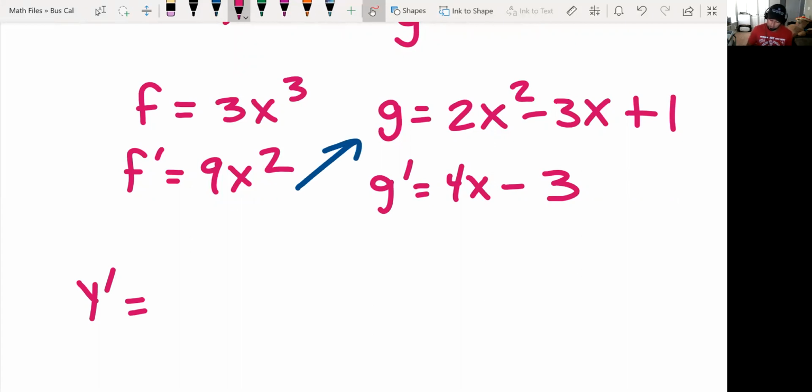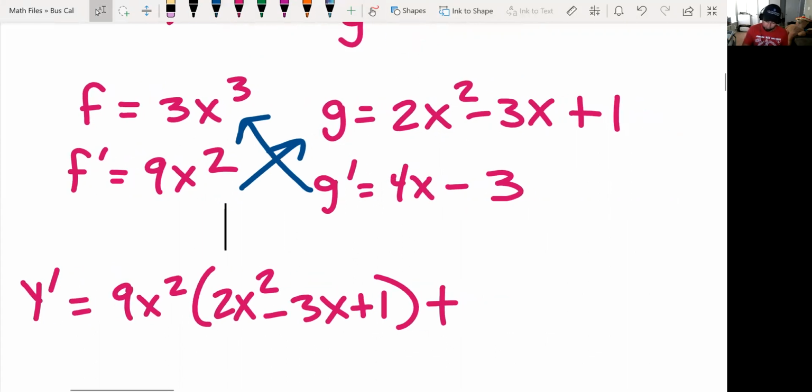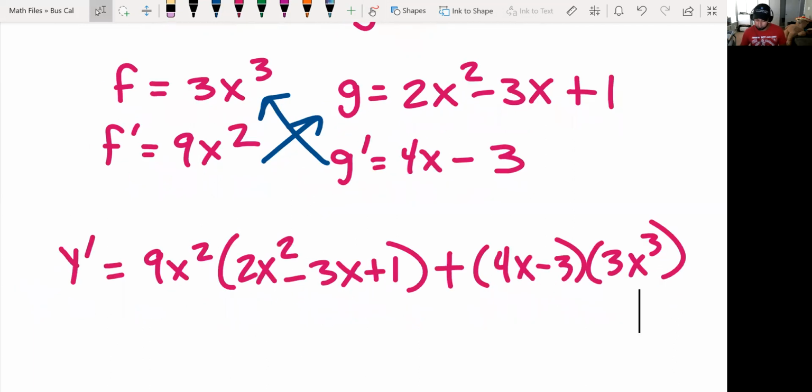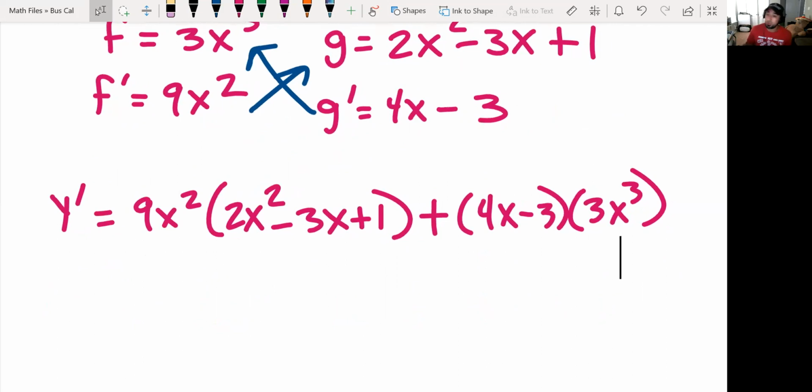F prime G, 9x squared times 2x squared minus 3x plus 1 plus G prime F. 4x minus 3 times 3x cubed. Once again, calculus is done. The rest is purely algebra. Distribute, distribute, simplify.